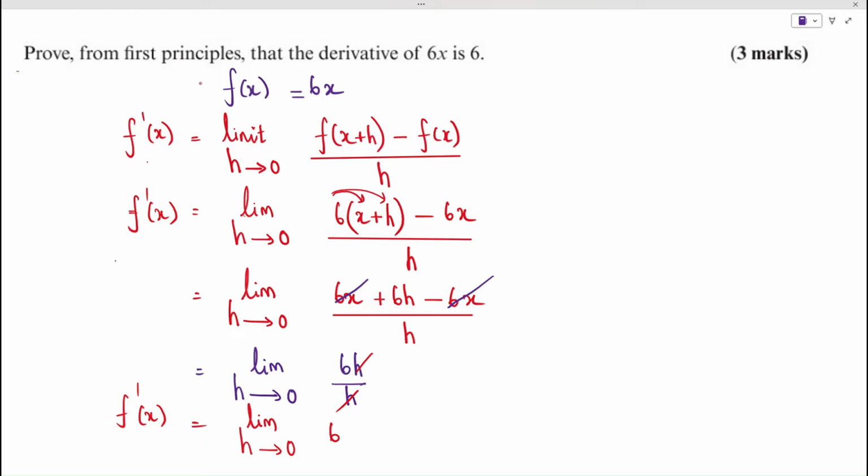Now, from this, there is no value of h, so we don't have to substitute 0 into our equation here. So f prime of x is equal to 6, and we have proven from first principles that the derivative of 6x is 6.